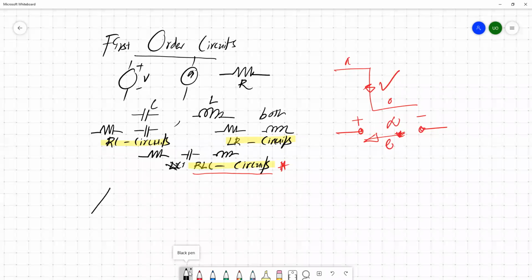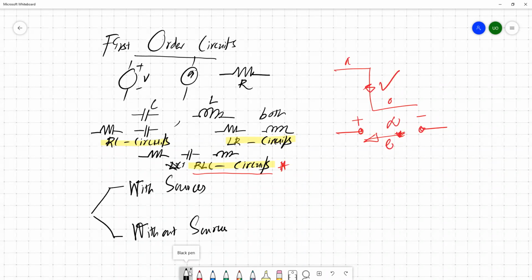During this discussion, we basically considered two categories. One is with sources, and the other is without sources. It means we have a circuit, and if the circuit is powered from an external source, we identify it under the category with sources.